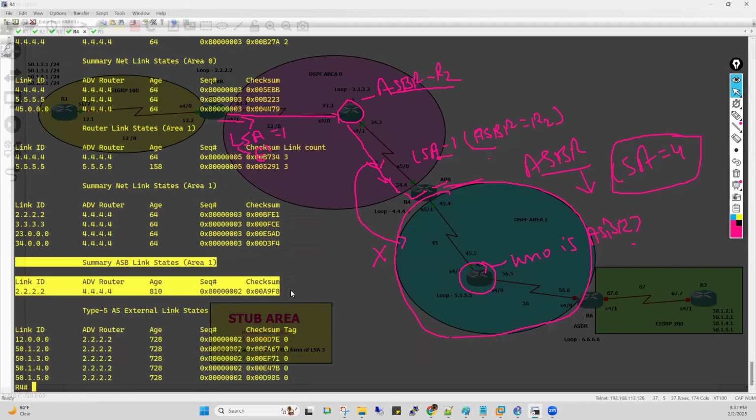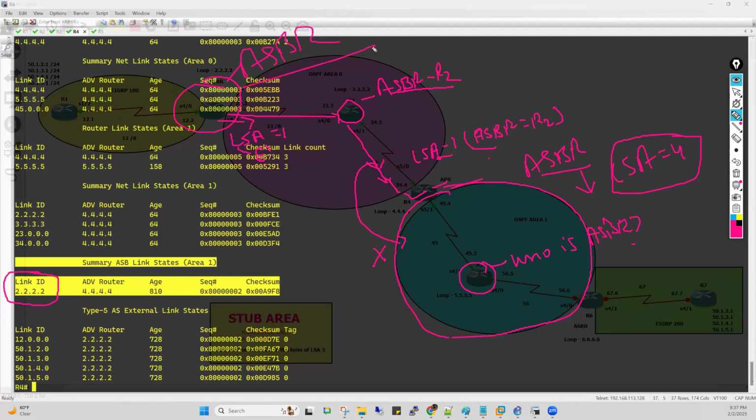And in this LSA, what is the information? Someone look, what information is it? Link 2, sir. It is the information of 2.2.2.2. Who is 2.2.2.2? Your ASBR is 2.2.2.2. Yes or no? This is your ASBR.